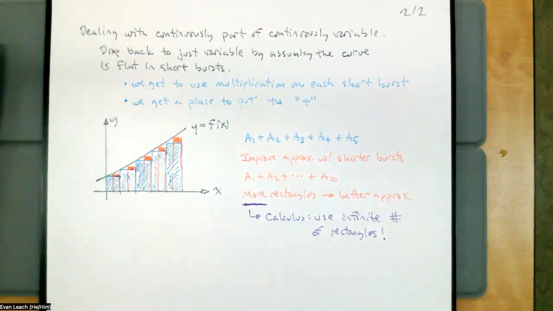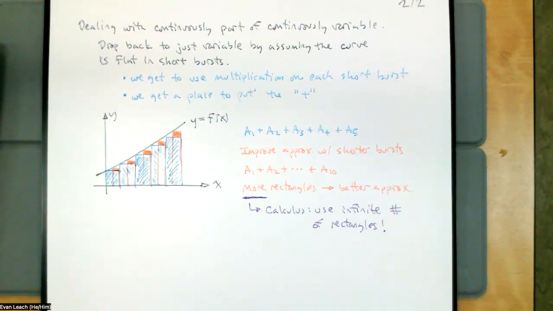All right. So we're going to deal with the continuously variable parts by dropping back to just plain old variable, by assuming the curve is flat in short bursts. This gives us an approximation of the area under the curve, an approximation that we improve by using more rectangles. So the natural conclusion, calculus-wise, is to use an infinite number of rectangles.